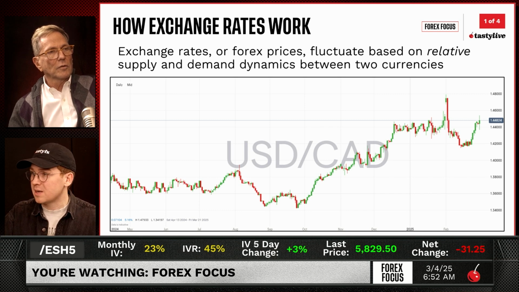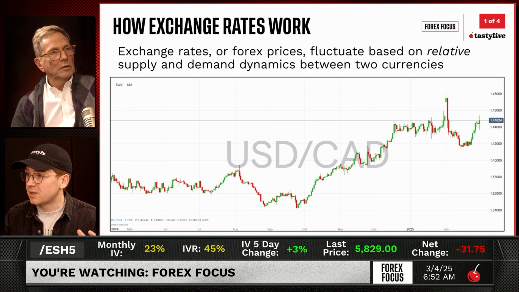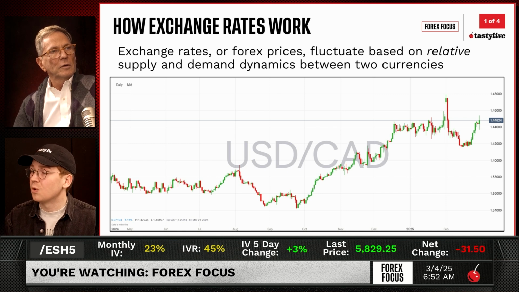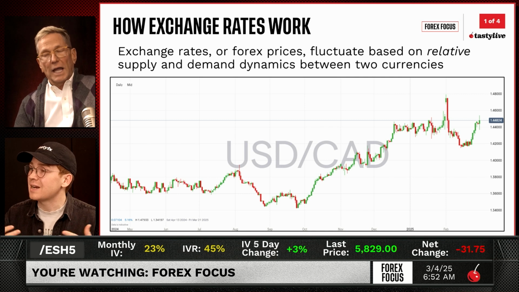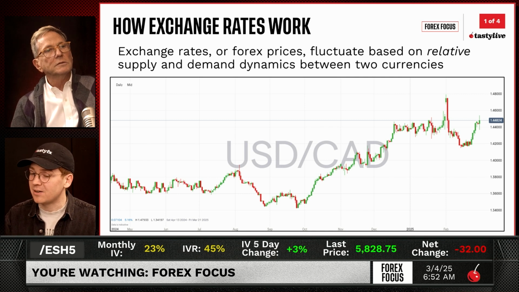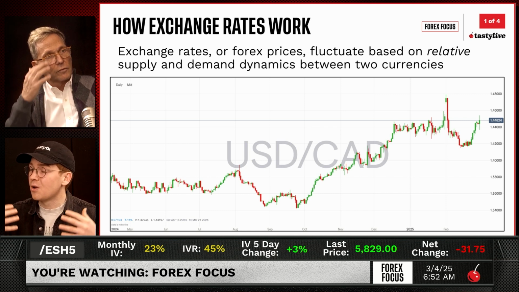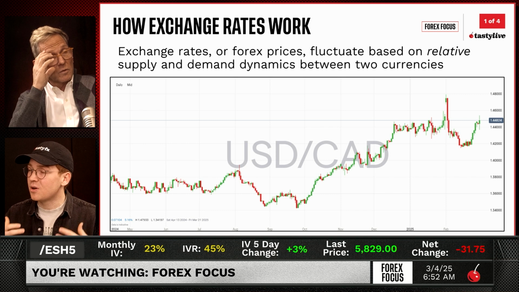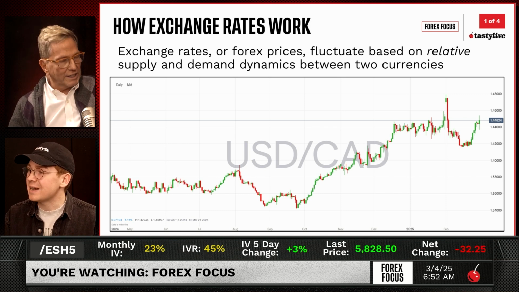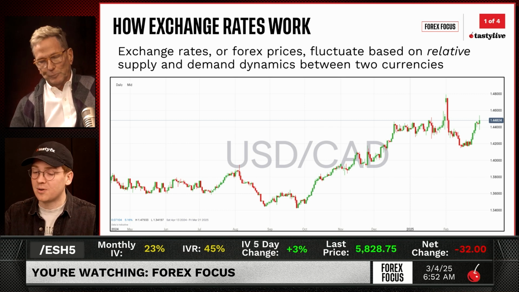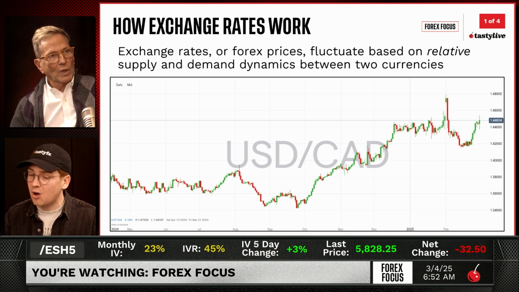And to your example with the interest rate differential, if Canadian interest rates were moving higher than US interest rates, there would maybe be more demand for Canadian dollars to invest at a higher interest rate. Or the other example you use, if the U.S. is importing oil from Canada, then there is inherent demand for Canadian dollars to pay for that oil. And vice versa on all of those things.